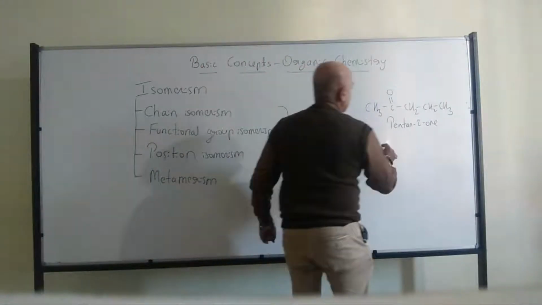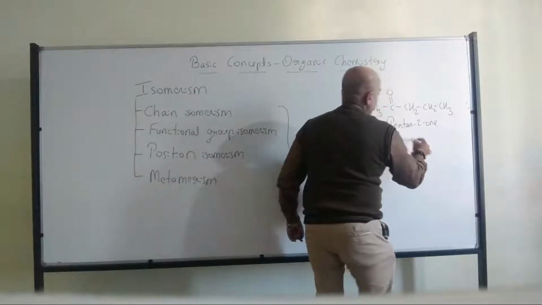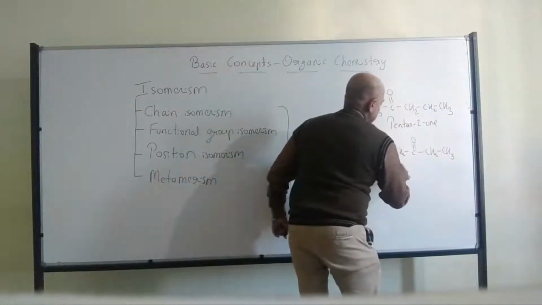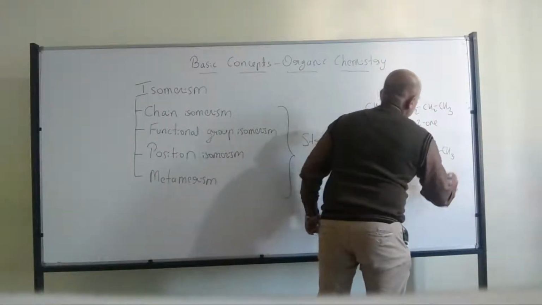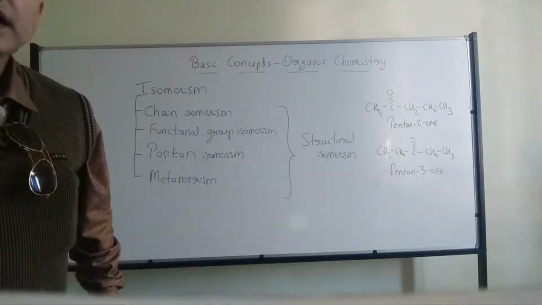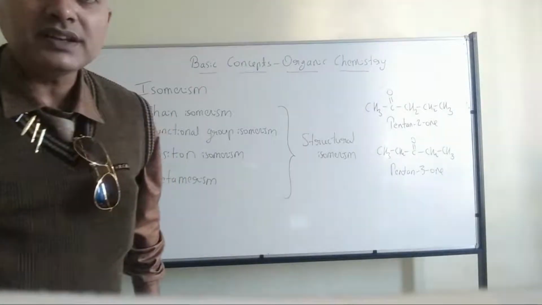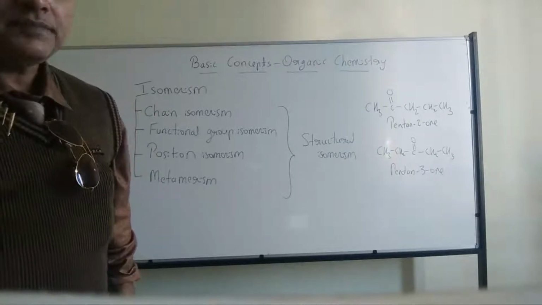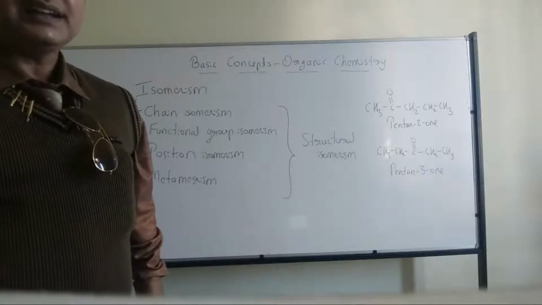Now same way I can write another molecule, that is pentan-3-one. Both are isomers. Now both are isomers, whether they are metamers or whether they are any other isomers. Anyone can you tell me?